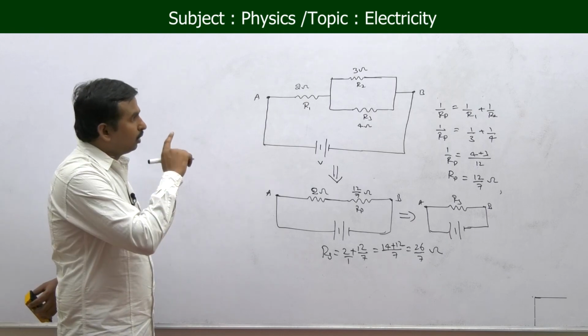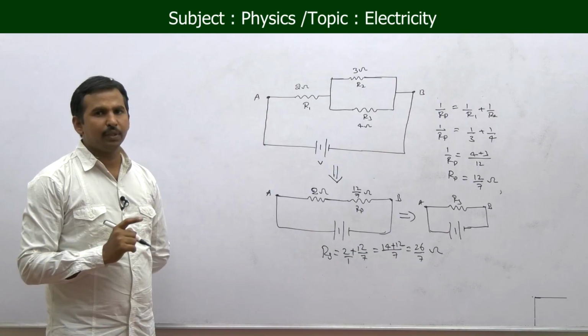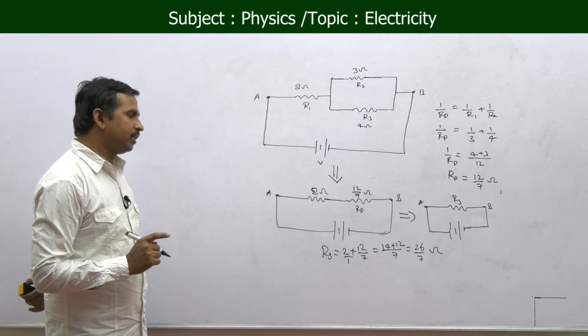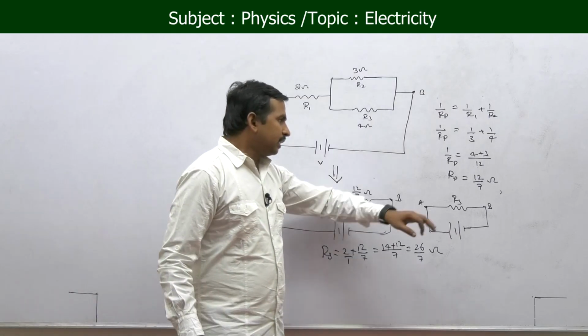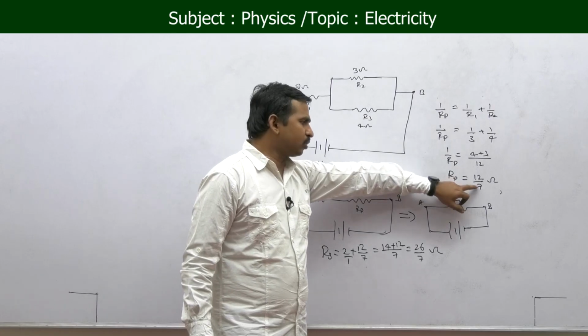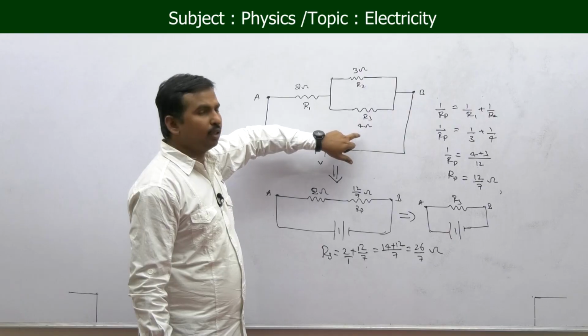So two resistances are in parallel, and that parallel combination is taken in series. If you see the value, for the parallel connection, 12 by 7, which is 1 point something, is less than both 3 and 4.